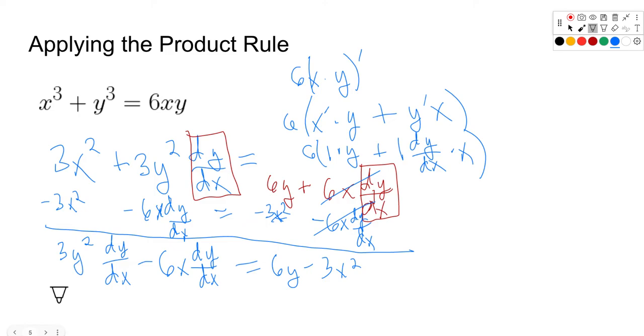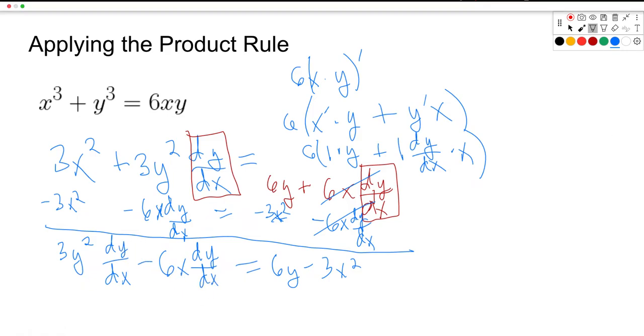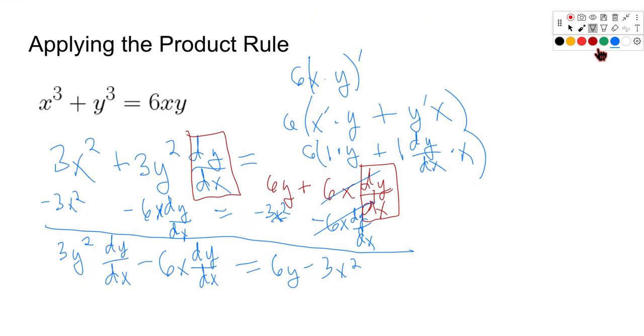See if my pen will let me write down there. I don't think it will. So I'll do it over here. Okay. So we have this and this get factored to the front, right?